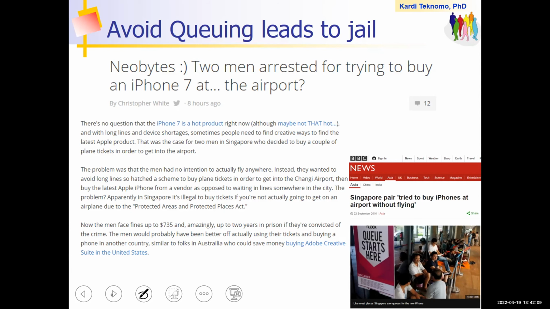They avoid queuing because at that time the iPhone 7 was a hot product. They don't want to take a long line, so they went to the airport to buy the iPhone without flying. Apparently in Singapore that is not allowed. So they go to jail just because they buy an iPhone 7. This has become news, because it's a strange law.